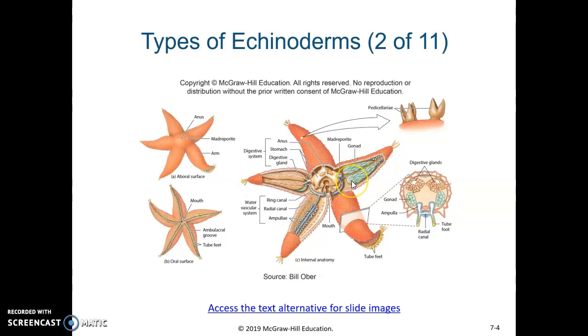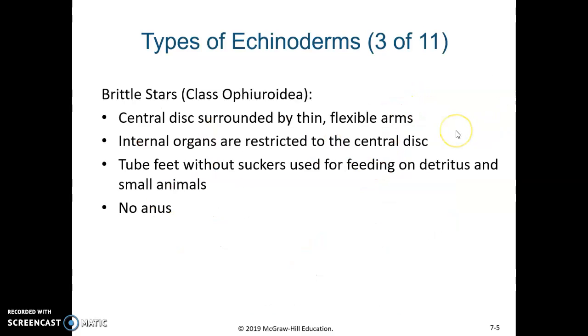So here are their gonads, also located inside those rays. So, nice little simplified yet kind of cool structures. And then here are the pedicellariae, which are there for keeping their surface clean.